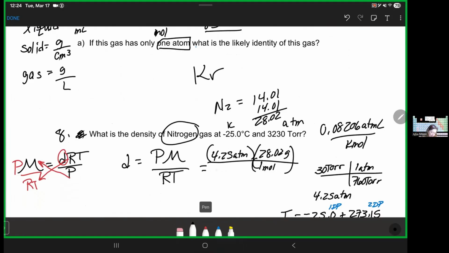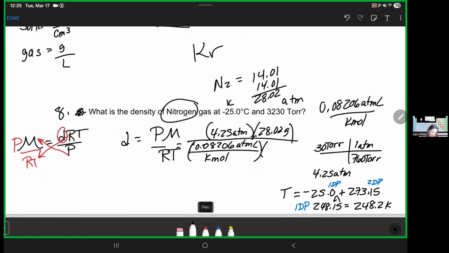And my R, 0.08206 atm liters over K mol. And my temperature on the bottom there, we decided was 248.2.